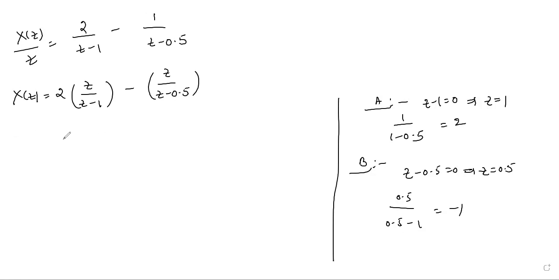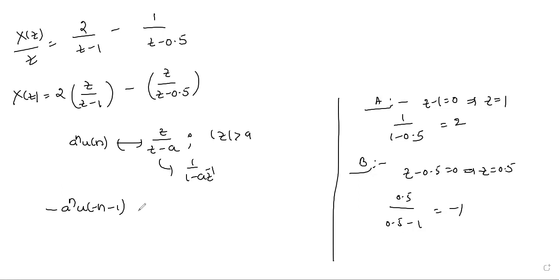First, we already know that we have a power n into u of n, whose Z transform is z by z minus a, mod z greater than a, or we can also write it as 1 by 1 minus a z inverse. Both are the same. Next, we also have minus a power n into u of minus n minus 1, with the same Z transform, but what is the ROC?